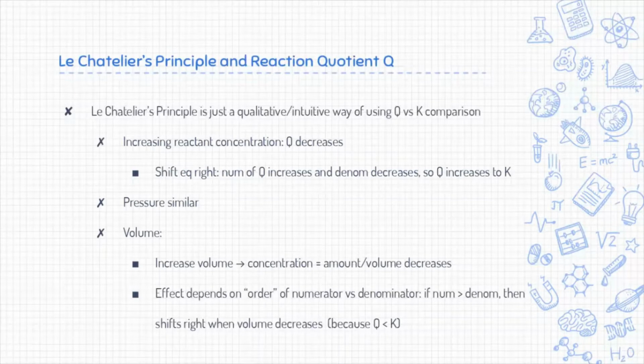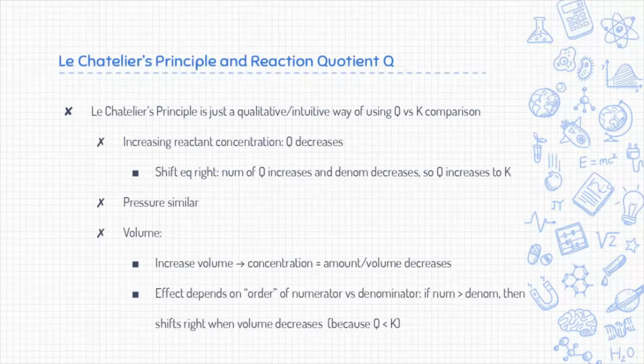Again, pressure is a similar thing, but you would switch out concentration for pressure. When you increase the volume, the concentration or the pressure is going to decrease. But the amount of products compared to the amount of reactants is what determines how Q changes. If the order of the numerator is greater than the order of the denominator, then Q is going to decrease, and the reaction is going to have to shift right.